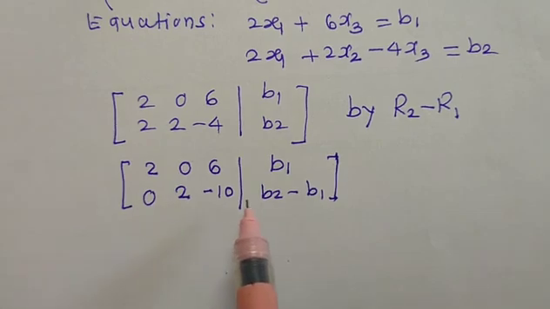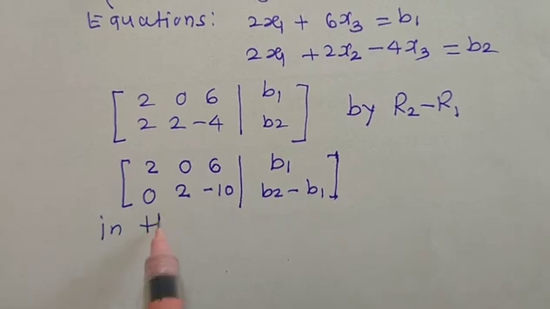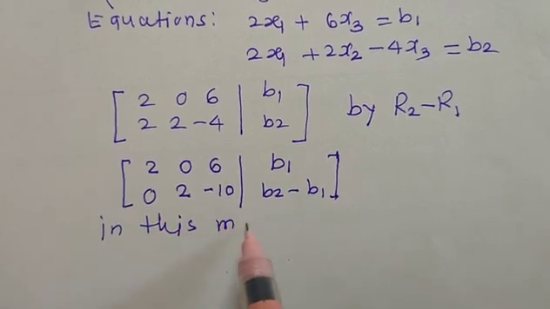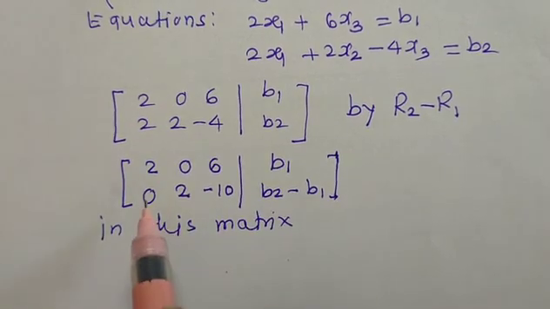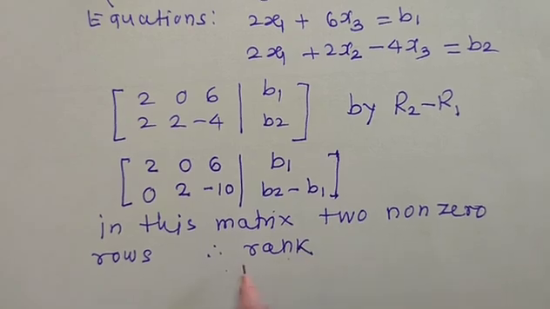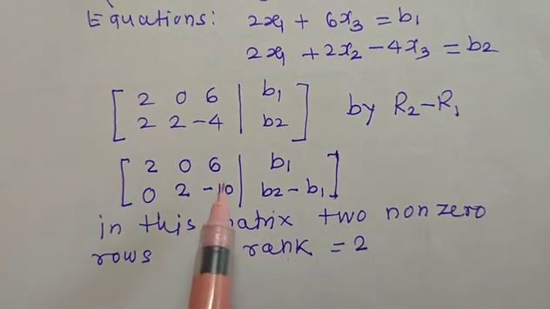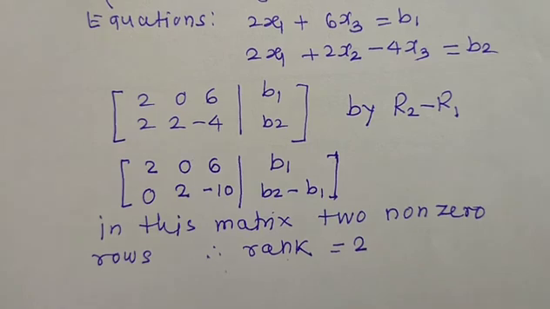Now further you can't do. You will not get 0 here by any means. Okay. In this matrix, there are two non-zero rows. So rank is equal to 2. How many non-zero rows? 2. So rank is 2, you know.